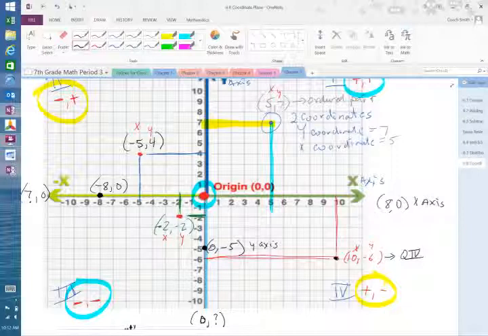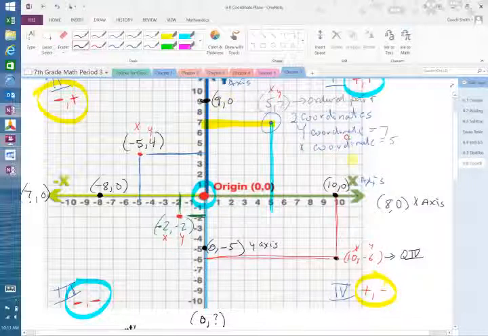And so on. Way out here, if I had a point right there, that would be 10, 0. If I had a point up here at the 9, that would be 9, 0.